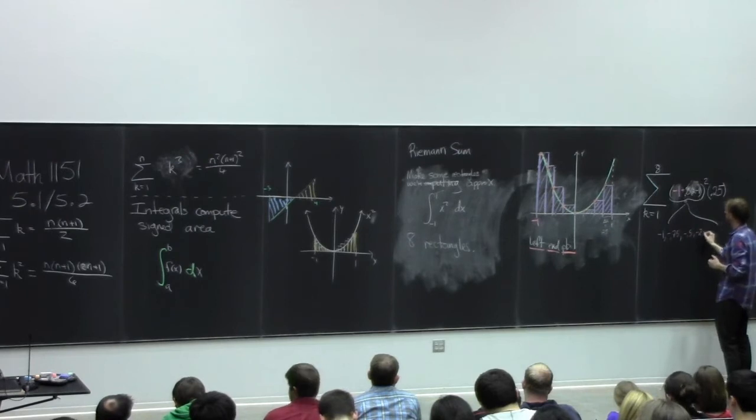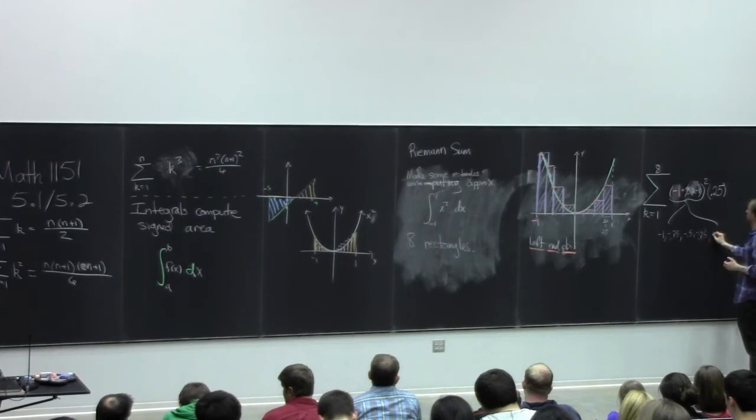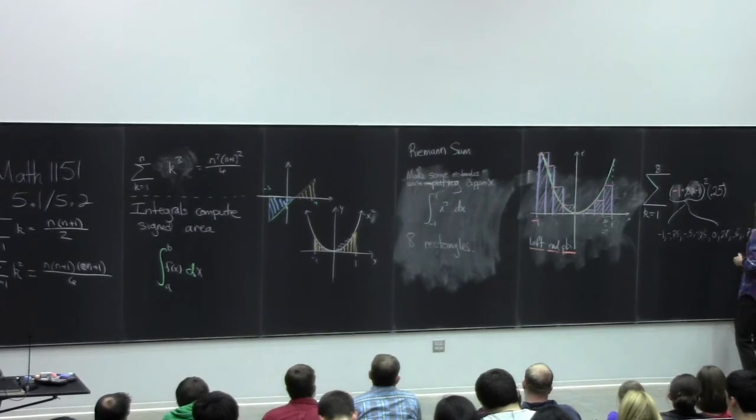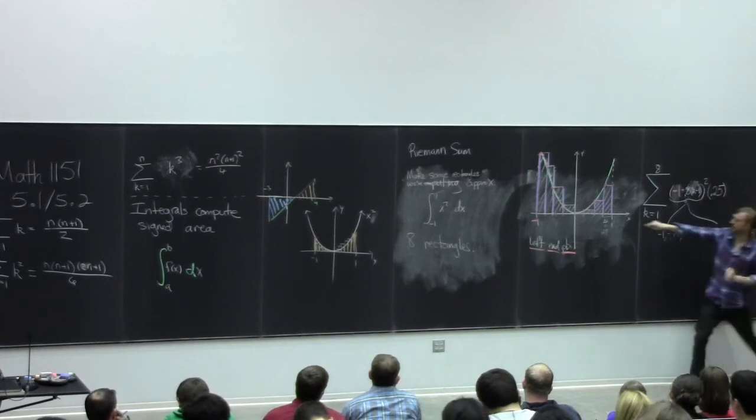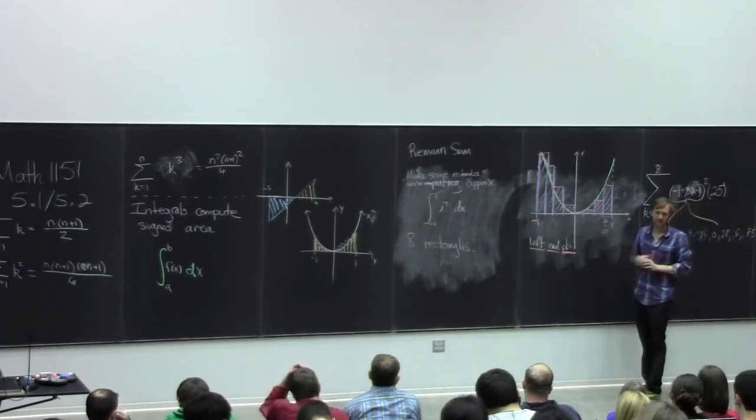Then minus 0.25. Then 0. Then 0.25. Then 0.5. And then 0.75. And I have 1, 2, 3, 4, 5, 6, 7, 8 numbers here. And so these are all plugged into the squared to give me my orange dots here.